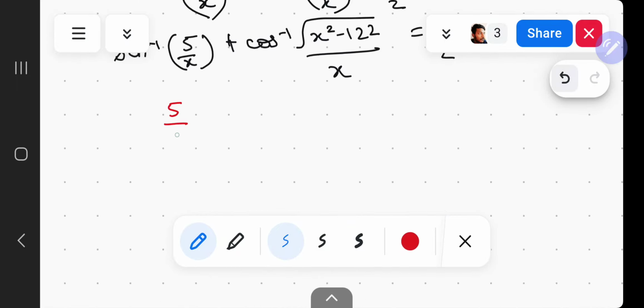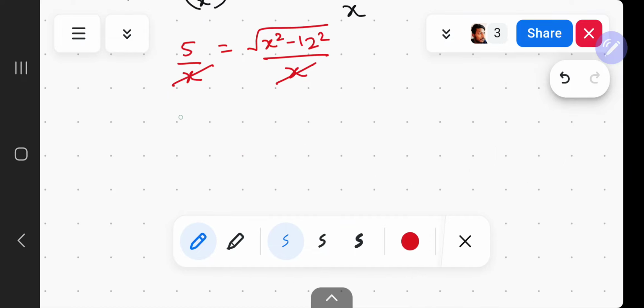So that will be 5 over x is equal to under root x square minus 12 square over x. So x will be cancelled out here, and 5 square will be equal to x square minus 12 square.